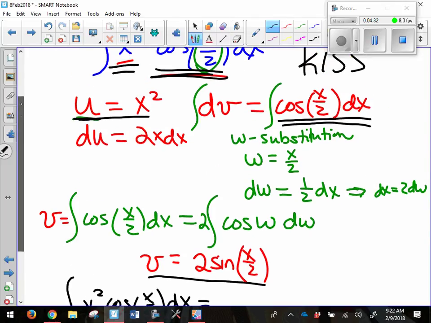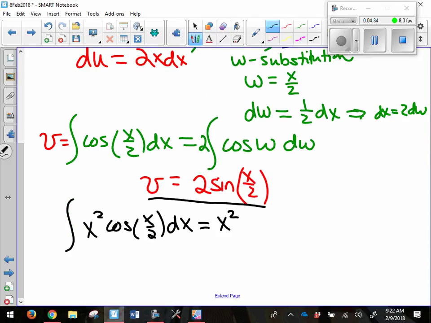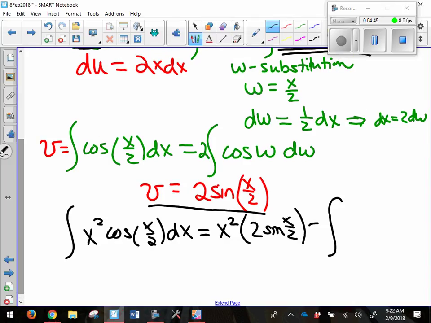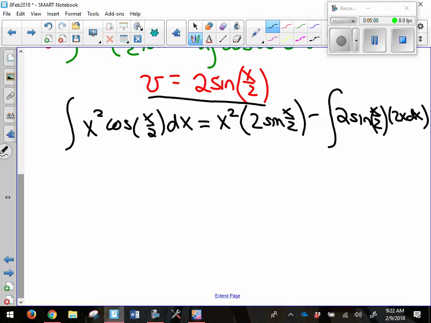So remember, my u is x squared, my v is right here, minus the integral of v du. So here's my v, 2 sine x over 2, and here's my du. So there's my new equation.